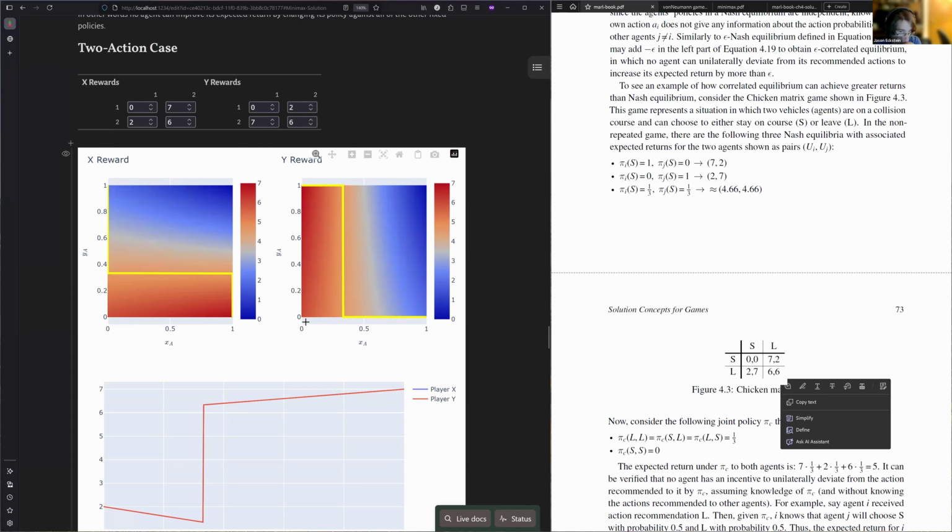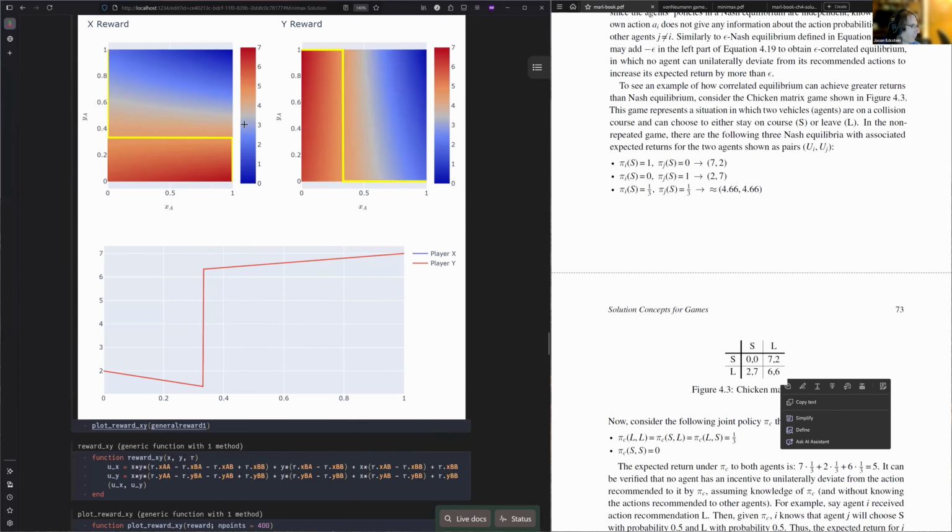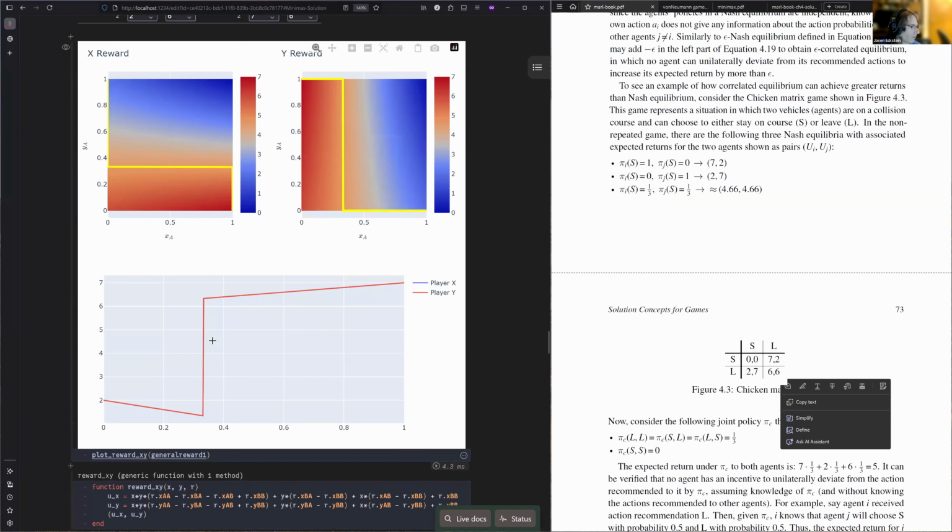And similarly here, this is showing that for each policy X picks, the response that Y would choose to this X. And what you can see here is that there is this transition point right here, where if Y selects this value of 1/3, then X is indifferent to that, right?